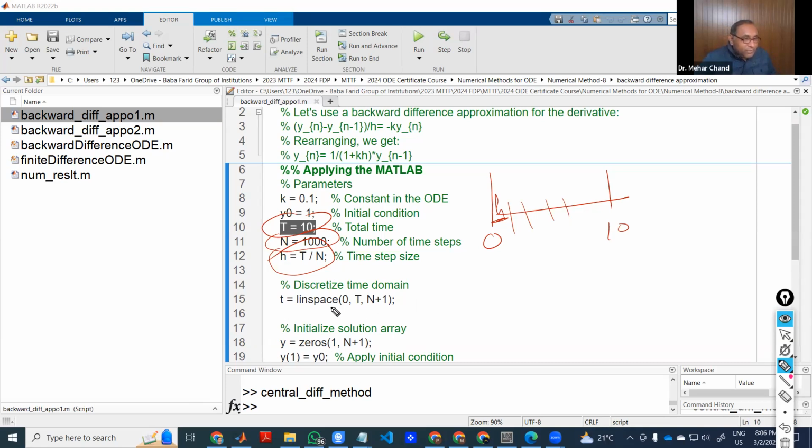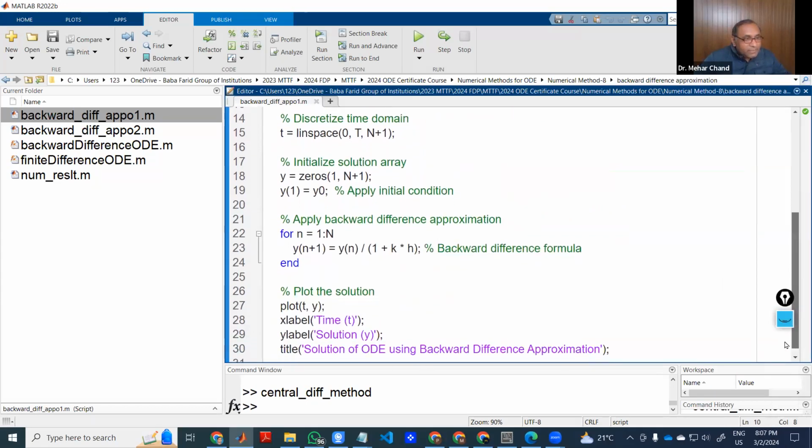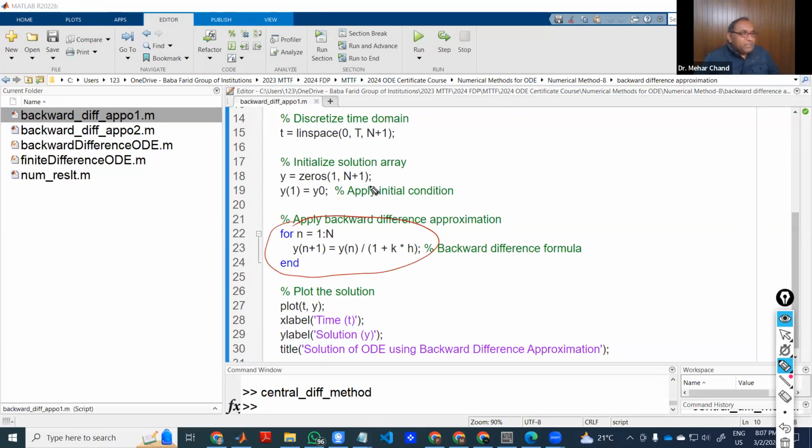First we take the linspace from 0 to T, where T is 10, so the interval is 0 to 10, and these are the N+1 points. After discretizing the time domain, we initialize the solution using the zeros function. The length of t and y must be equal, as you know. This is the initial condition, and 1 is the index: y(1) equal to y0.